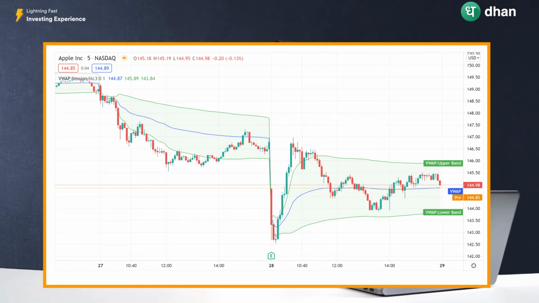So VWAP is one such indicator which also incorporates the volume along with the price information, which means if we have a significant change in the volume, that gets incorporated in the VWAP indicator, thereby making it a little more reliable as compared to your moving average, because moving averages are only based on the price.